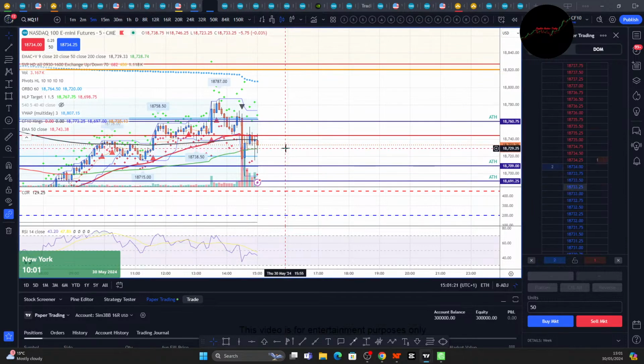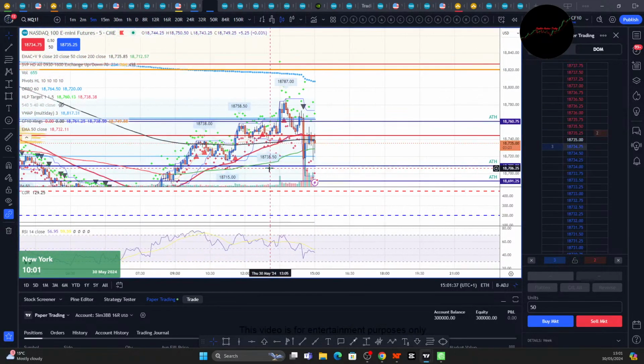It's all about whether I want to short into the VWAP here. And I don't. I really don't want to do that.